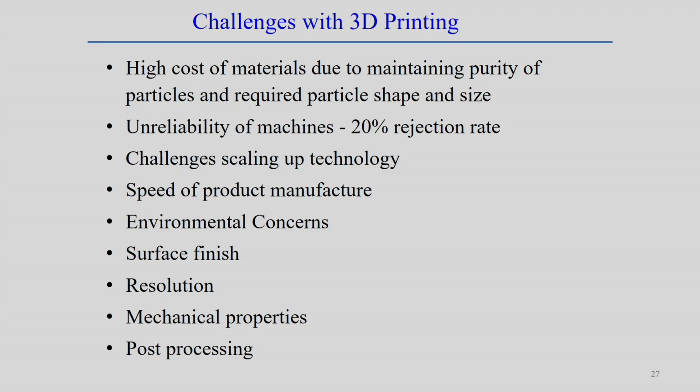And of course, environmental concerns, because handling the powder can sometimes be difficult, and that may be related to environmental concerns. Anyway, if you look at metal processing using other conventional methods, there may also be some kind of environmental issues.